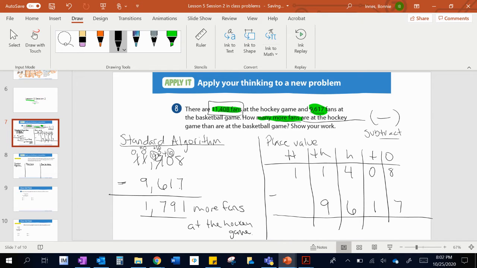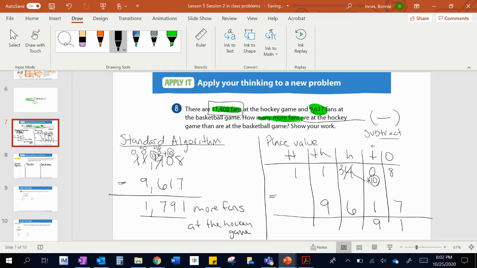All right, I look in my one spot. 8 minus 7, that's 1. Go to my 10 spot. In my 10 spot, I can't take 1 from nothing. So 0 minus 1, well, I have to bring it on over to my 100 spot. This becomes a 3. This plus 10. So now I have 10 minus 1.